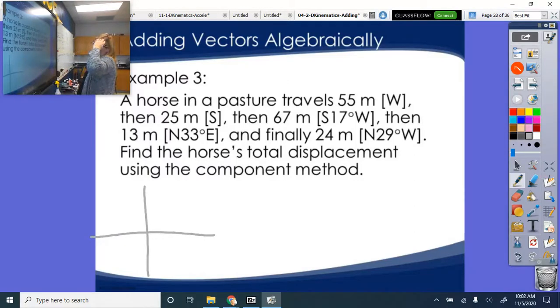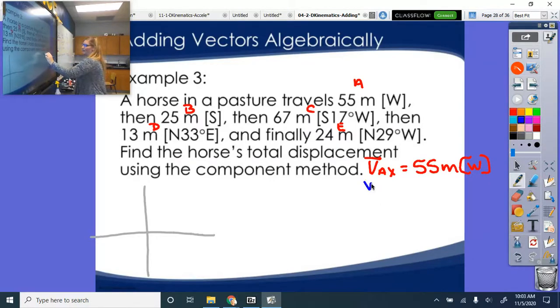The first thing we're doing, I'm going to call this part A, B, C, D, E, and I'm just going to add all of the things I have over onto the side once I solve for them. So in vector A, I'm heading west, which is just in the x direction. So vector A in the x direction is 55 meters west. I don't have to do any math there. Look at that. That's nice.